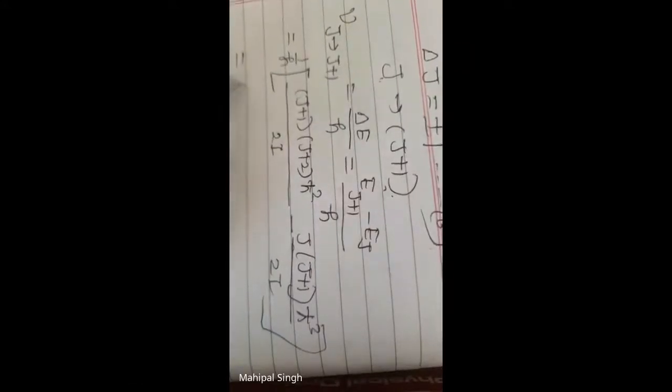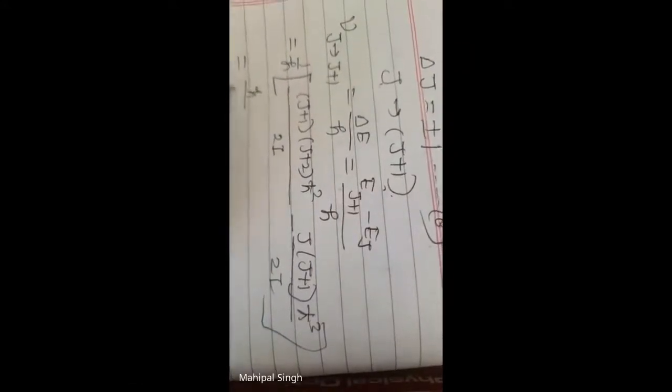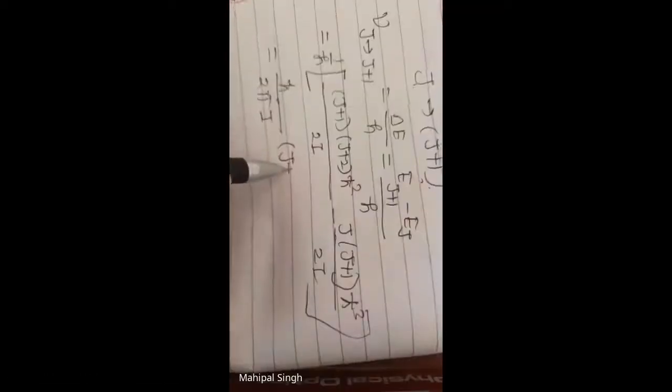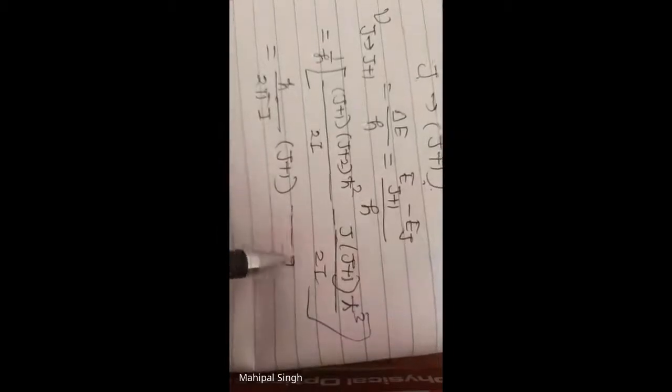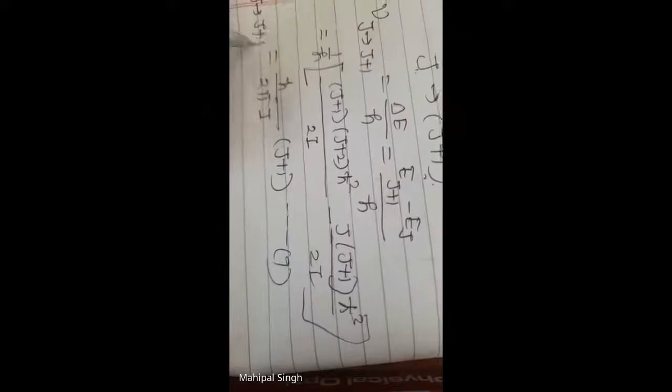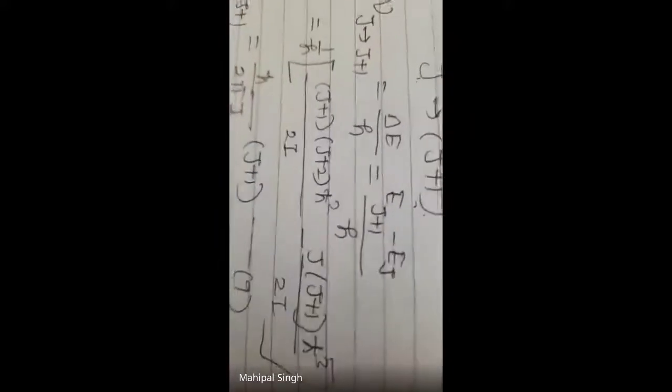It will be h cross upon 2 pi I into (J plus 1). This is equation number 9. This is new J equals J plus 1. And the spectrum of a rigid molecule therefore consists of equally spaced lines.